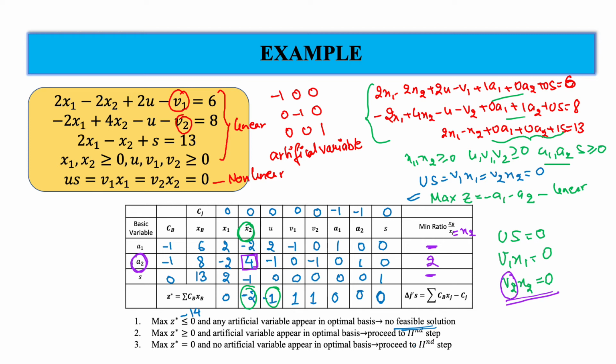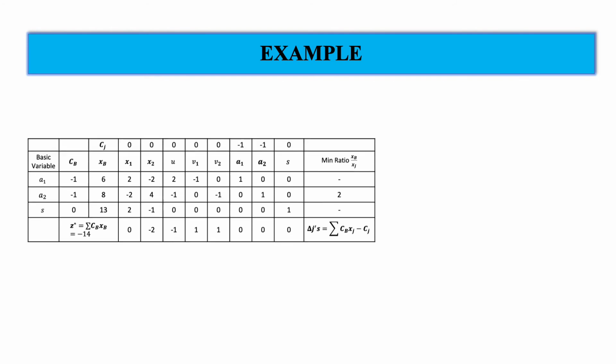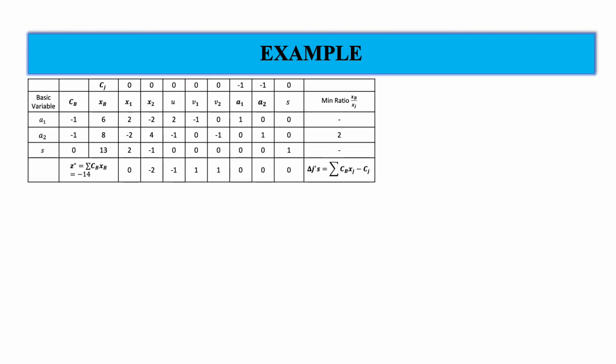So 4 is our pivot element, this is the incoming variable, this is the outgoing variable. Basically we will make the pivot element 1. Okay, so in our simplex table, x2 is the incoming variable, a2 is outgoing, and 4 is the pivot element.